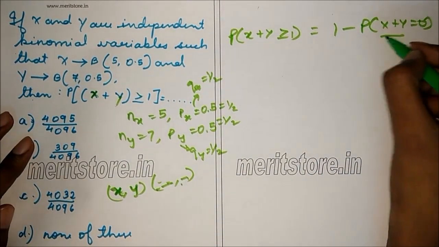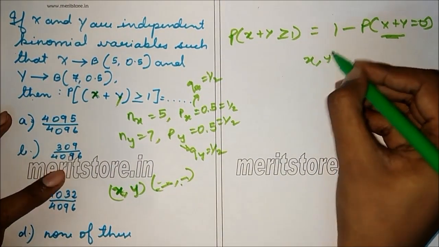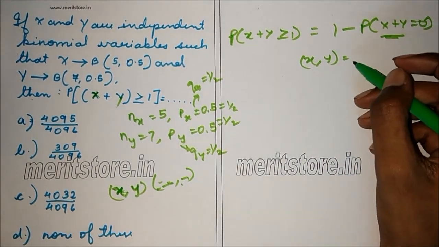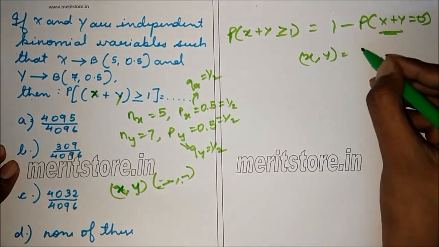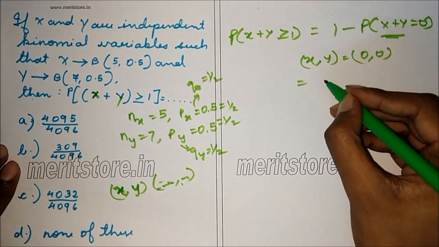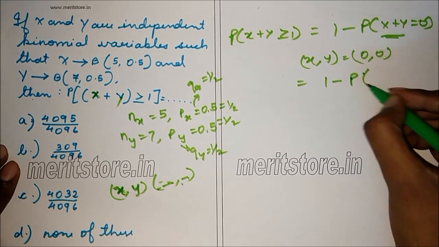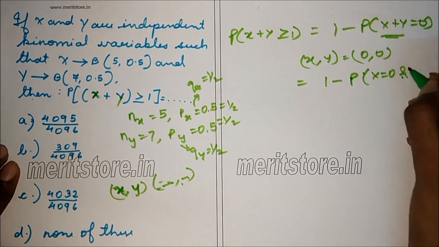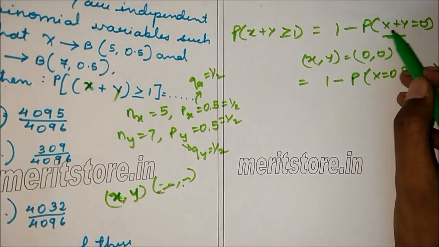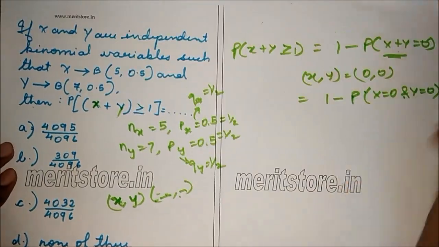So in this case we can say for x comma y the total should be 0. So the only possible way is both are 0, that is 0 comma 0. So this can be written as 1 minus P of x equals 0 and y equals 0. Only then is it possible that x plus y equals 0.